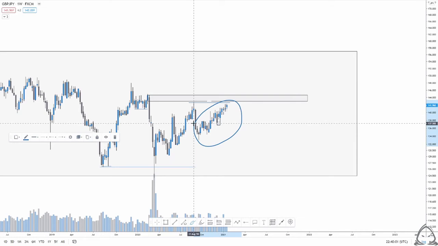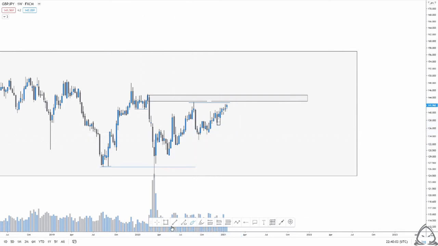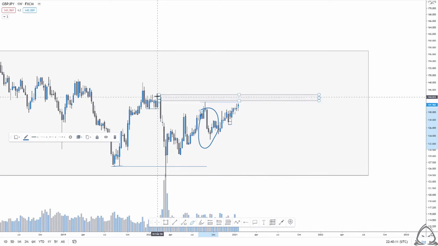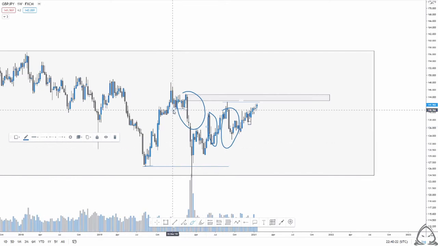Now if we take a step back and look at what previous candles have done in terms of their momentum, we have some fairly big momentum candles to the downside. This bearish candle here, this bearish candle here, these subsequent 2 bearish candles here. Yes, we do have this small blue bullish momentum candle there as well, but you'll notice that there are far more bearish momentum candles at present than bullish momentum candles.